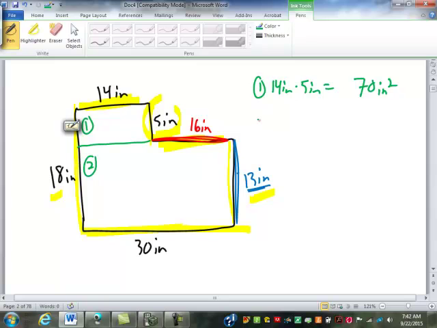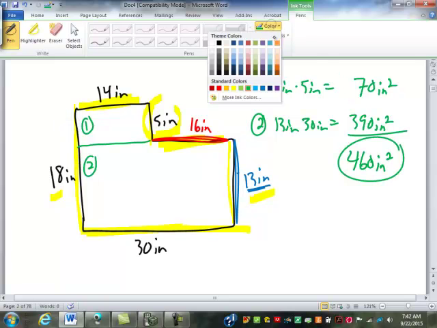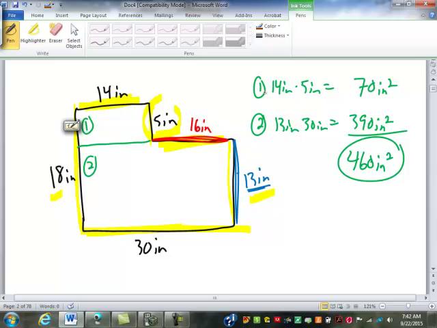Then piece 2 is 13 by 30, 390 square inches, for a total of 460 square inches. Now we mentioned there's another way to do this. We could have done this.